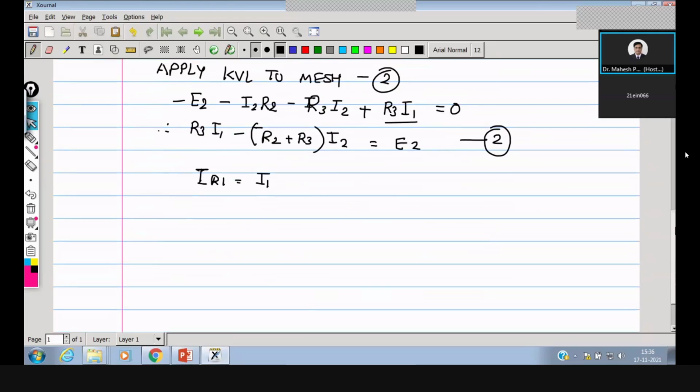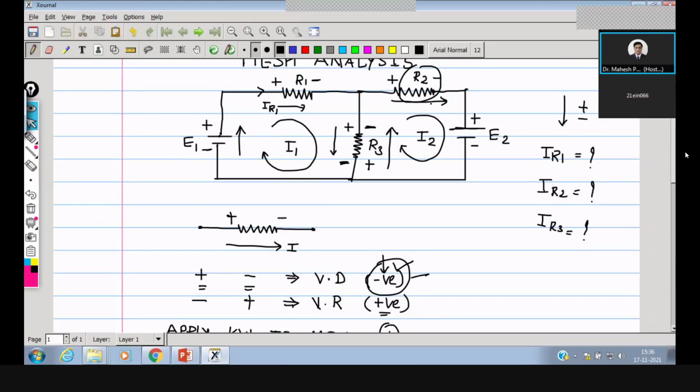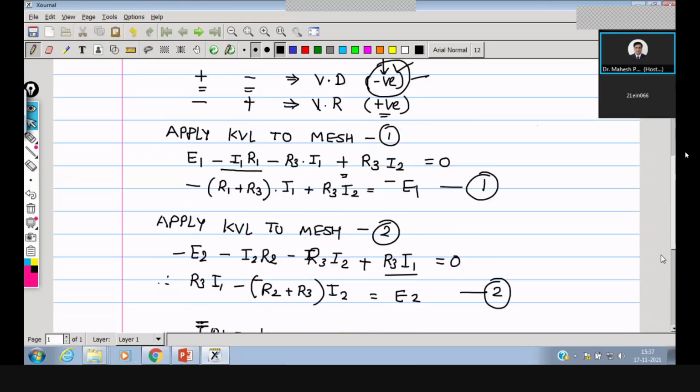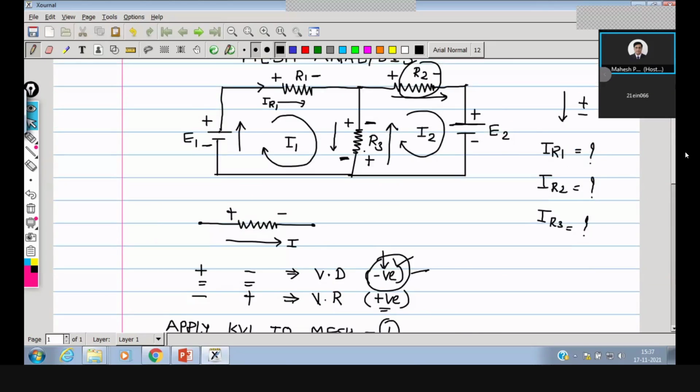Similarly, we can find current I2, which is flowing through the element R2, so IR2 is I2. And IR3 is for a combined element of two different meshes. For this combined element, it could be the difference of I1 and I2, or the difference of I2 minus I1, whichever magnitude is higher.